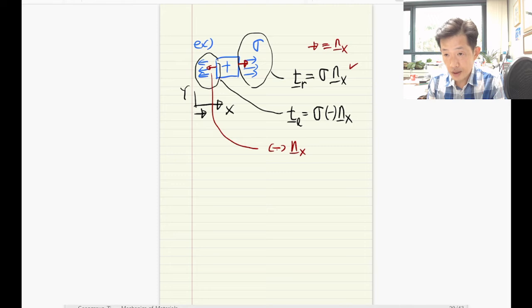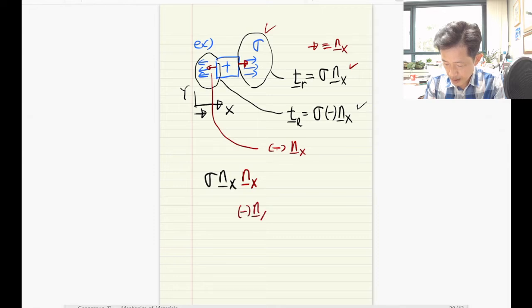So that's why if you want to look at the stress state here, in the case of the first one, I want to measure the stress state with respect to this direction. Then as a consequence, I'm going to obtain this direction. And then let's check what happened on the left-hand side. So I want to measure the traction in the minus nx direction.